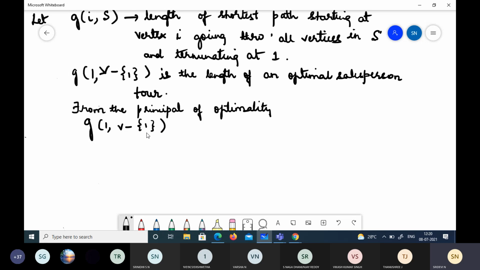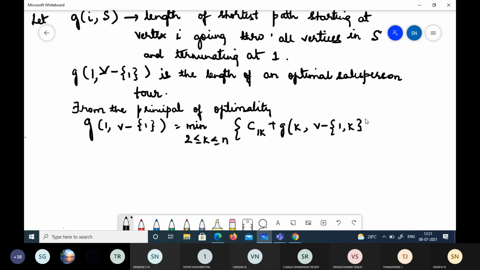V minus 1 means all other vertices other than 1. It should visit all other vertices other than 1 and end back at 1. We will have the minimum over k from 2 to n of c of 1 comma k plus g of k comma V minus 1 comma k. This is our first formula.